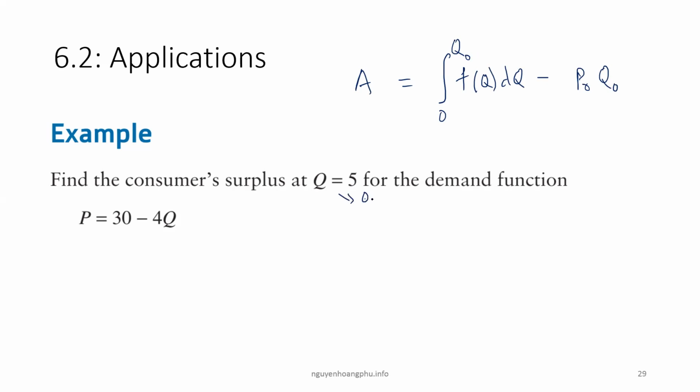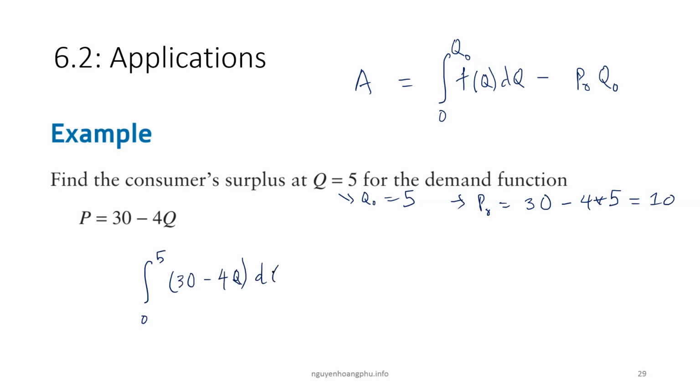Then P0 is 30 minus 4 multiplied by 5, which is equal to 10. So now what you have to do is find the integral from 0 to 5 of (30 minus 4Q) dQ.